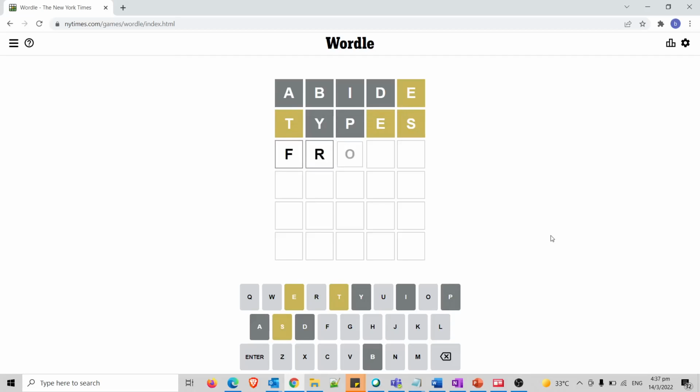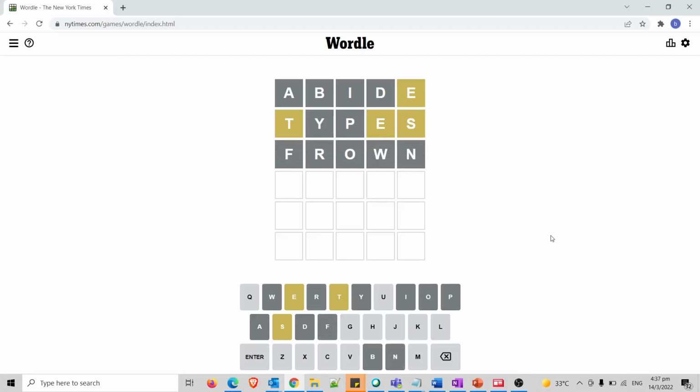Not to worry. We have nothing from frown. Our last word is mulch. So right now you can see that we have all our 5 letters in the word, but nothing is at the right spot.